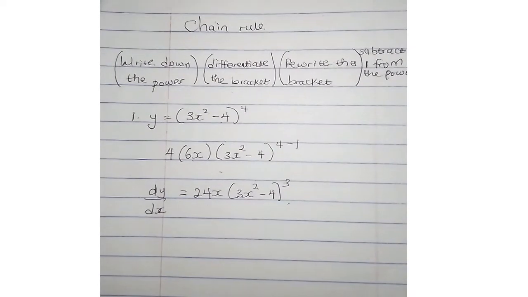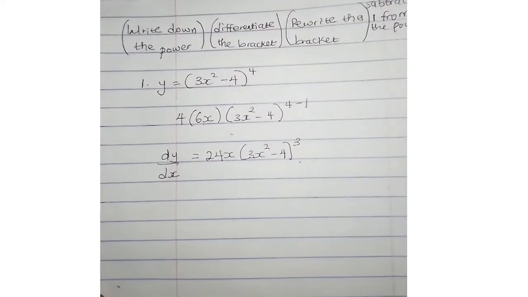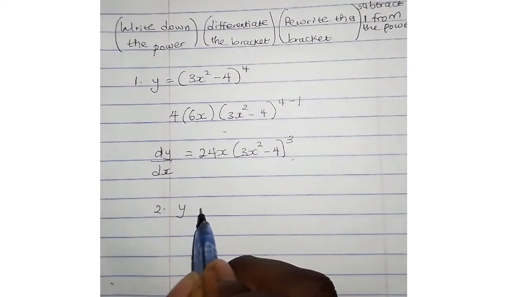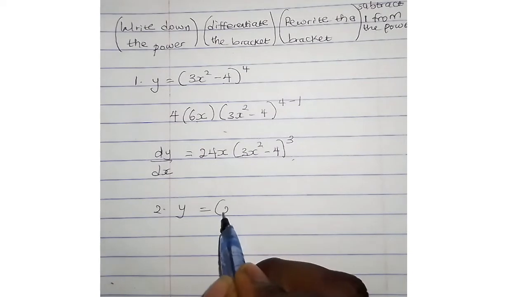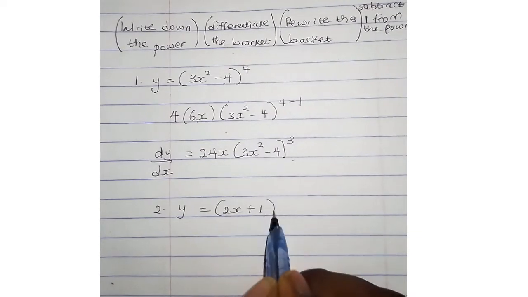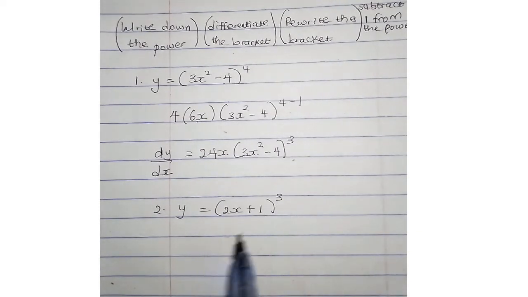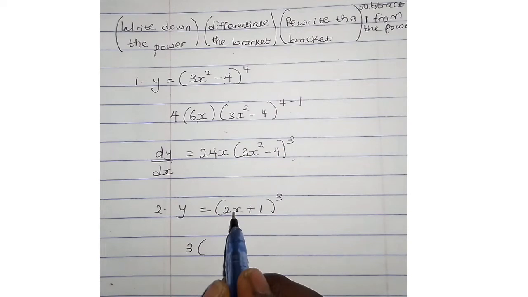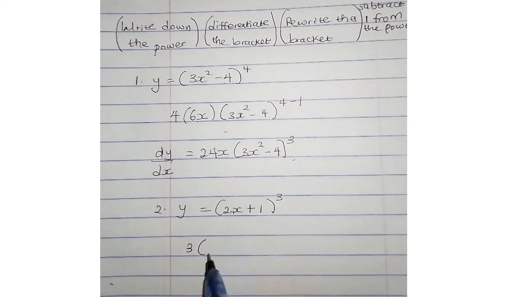We're going to take another example. We're given a function y equal to (2x plus 1) all cubed. We write down our power, which is 3. Differentiate the brackets. When we differentiate this, we have just 2.